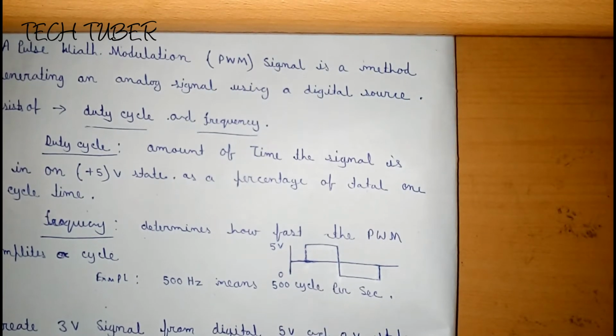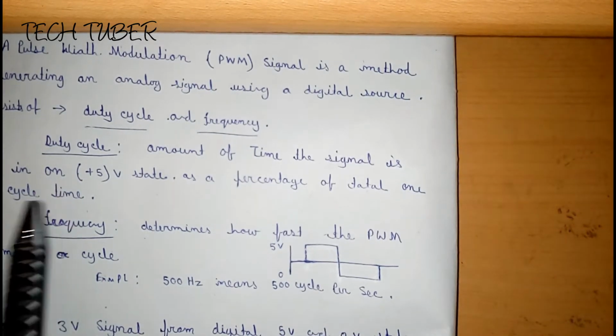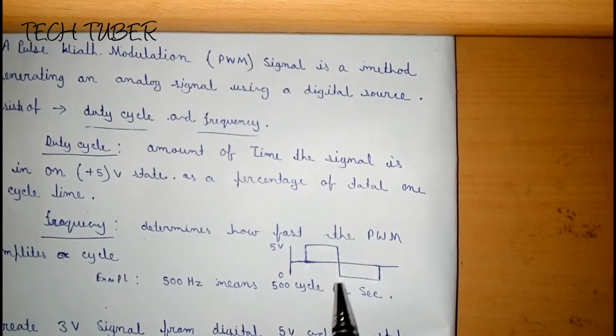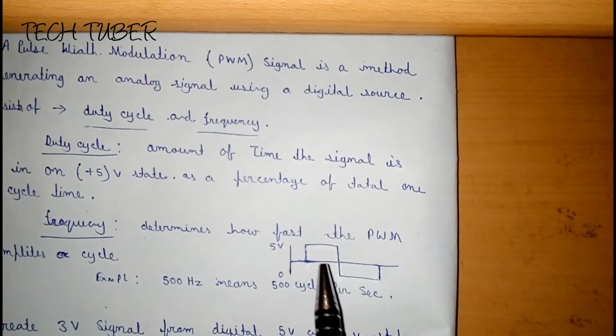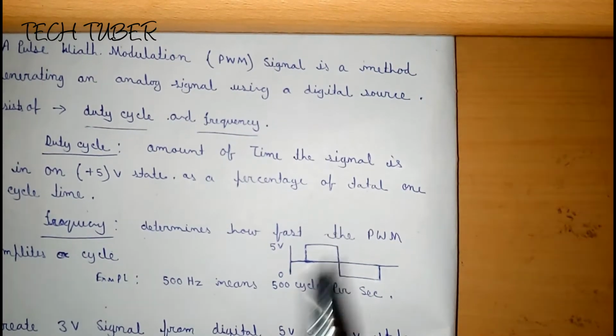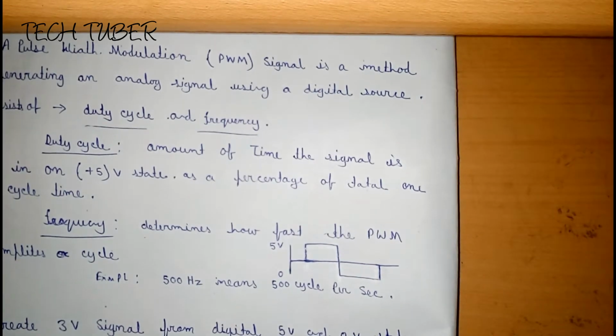So the duty cycle will be the percentage of the time at plus 5 volt state with respect to the total cycle time. That means if the total cycle time is T and the time at plus 5 volt state is T by 2, then the duty cycle will be 50%. This is called duty cycle.